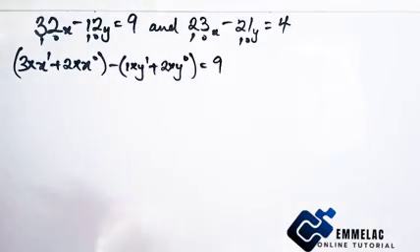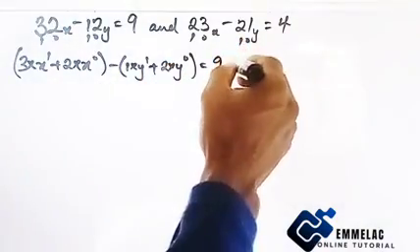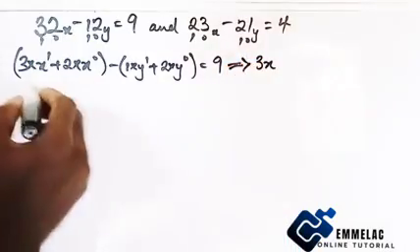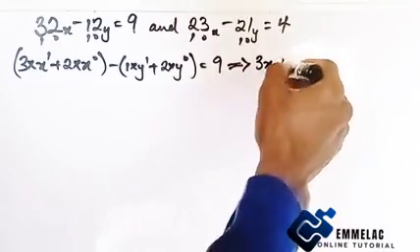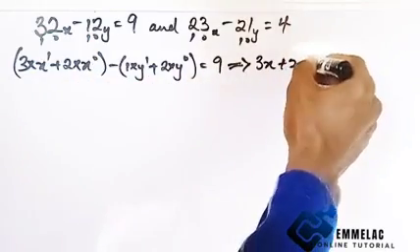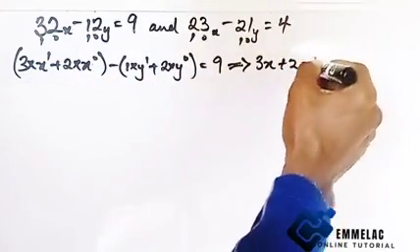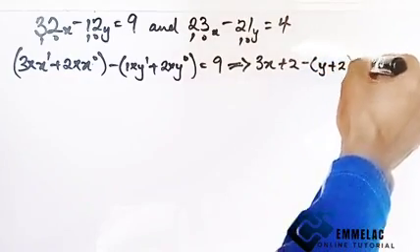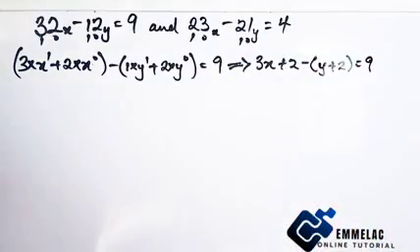So here we have 3x, now plus 2, take note, anything to the power of 0 is 1. Then minus, into bracket, 1 times y, you have y, then plus 2, all equals 9.